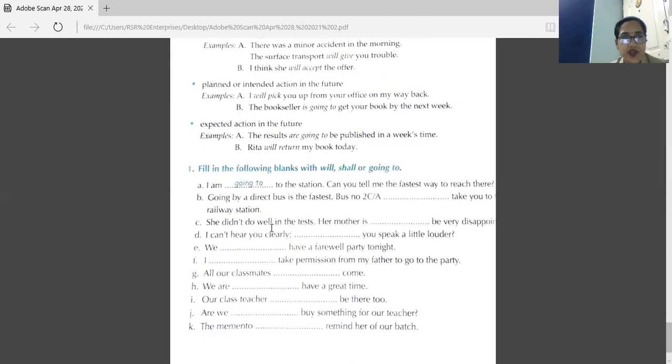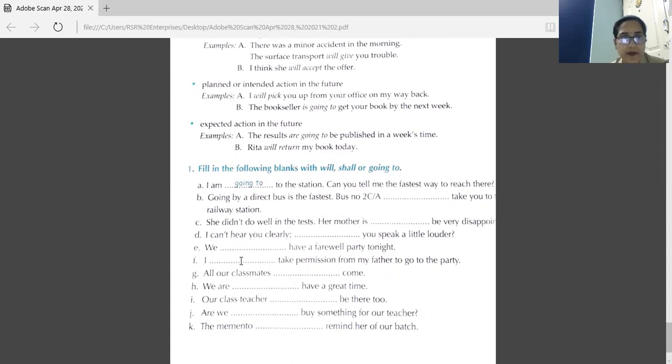She didn't do well in the test. Her mother is, your answer is, going to be very disappointed. Fourth sentence. I can't hear you clearly. Will you speak a little louder? So here your answer is will.